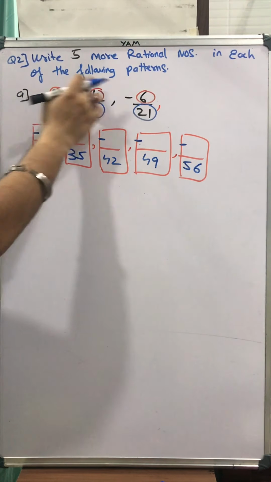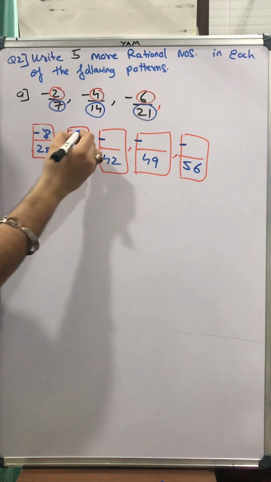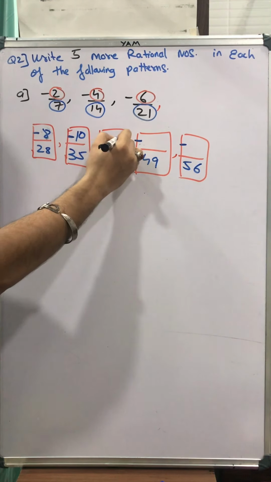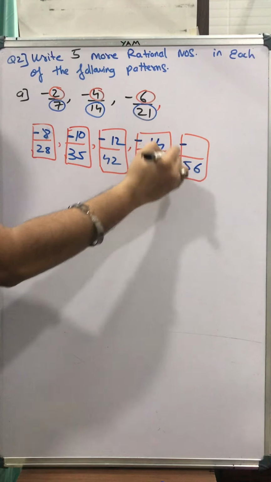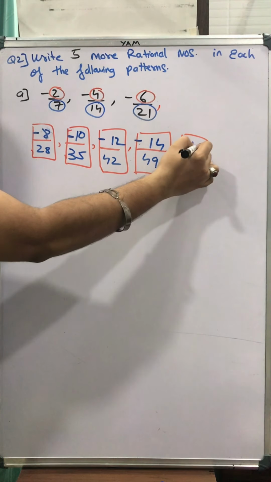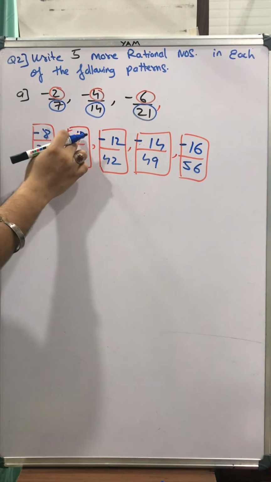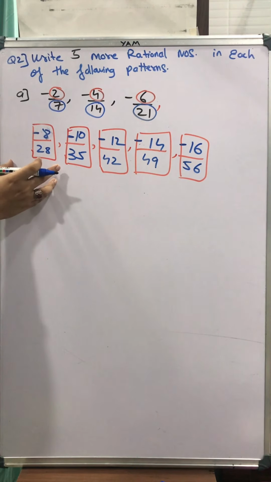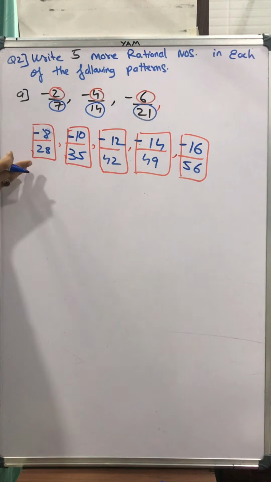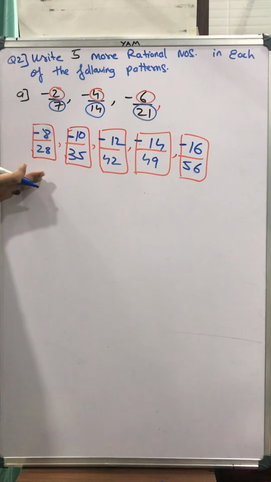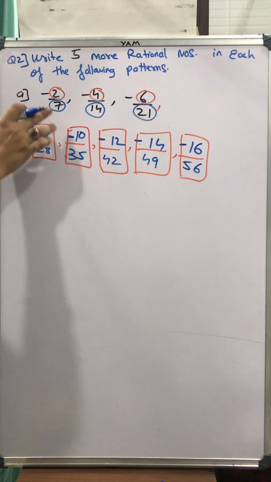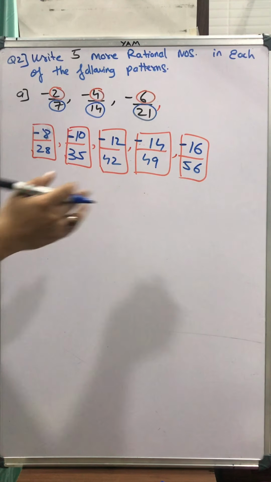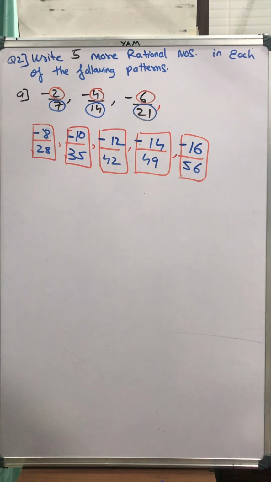So here 8 will come, here 10, here 12, here 14, and here 16. So this is my answer. I have added 5 more rational numbers as per the given pattern. Hope you understood, students. Please copy it.